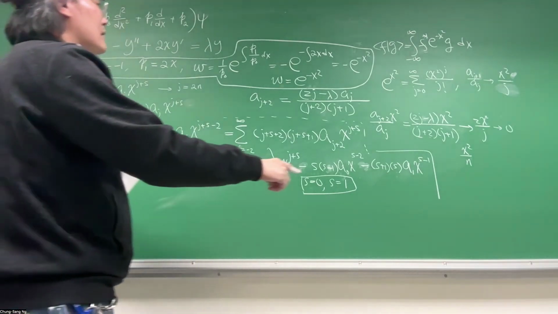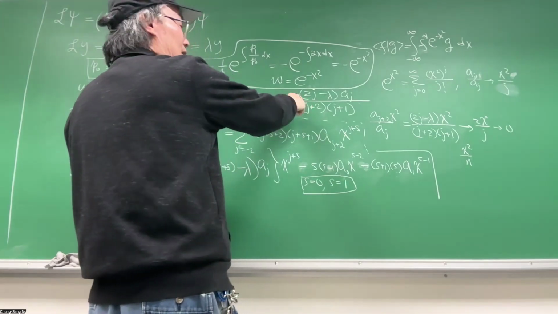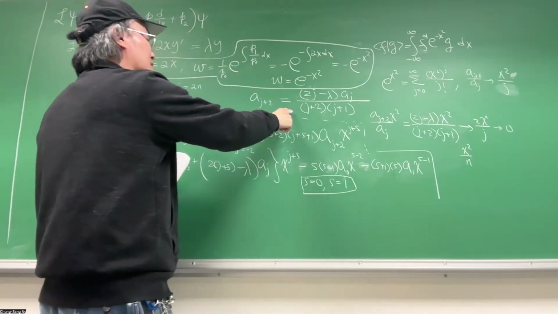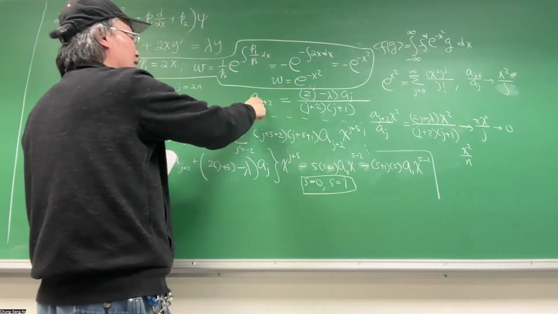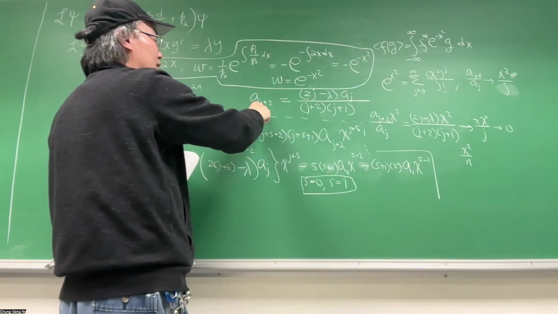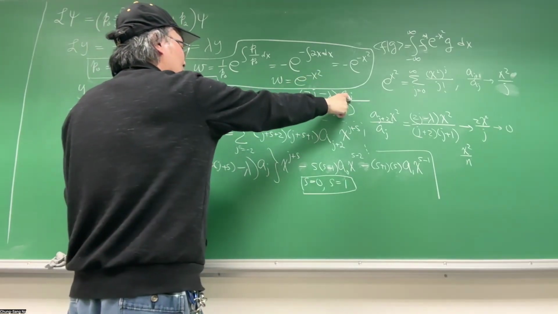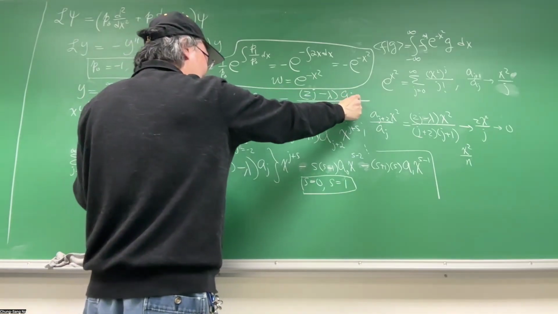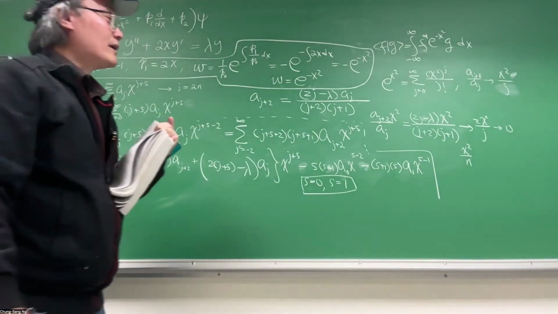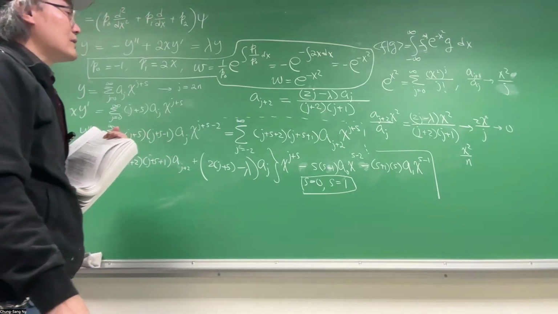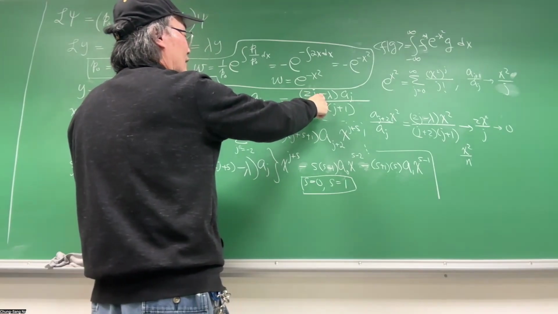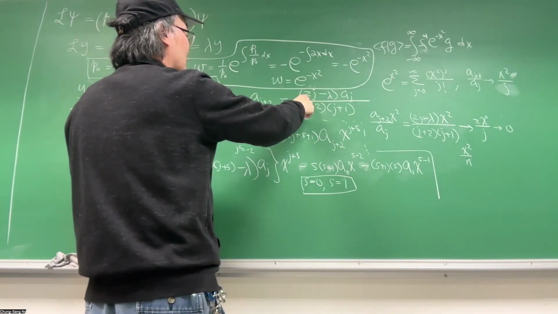The idea is that if somewhere along the line the numerator is 0 at a certain point, say up to n, if for a sub n, j equals n, this is 0, then a sub n plus 2 will be 0, and n plus 4 is also 0, and all the later coefficients will be 0, so you truncate your series.